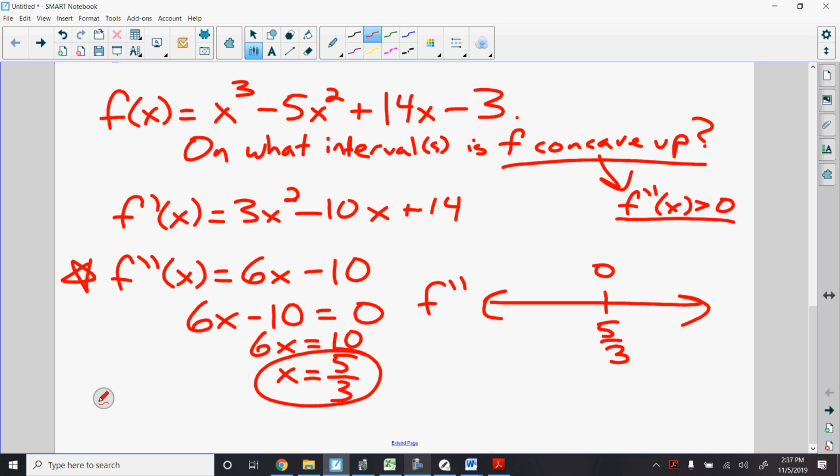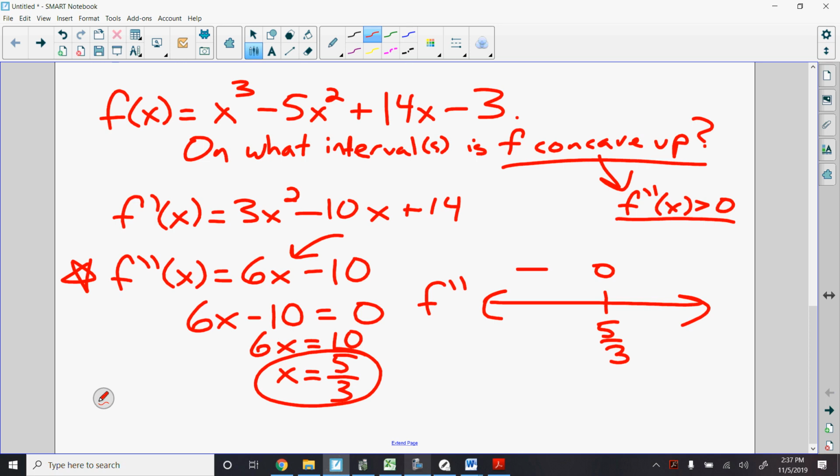But what I need to do now is test numbers to the left of 5/3 and numbers to the right of 5/3. So since 5/3 is positive, 0 would be to the left. 0 is always the easiest number to check. Plugging in 0, right? I'm going to plug it into my f double prime of x. 6 times 0 is 0. 0 minus 10 is negative.